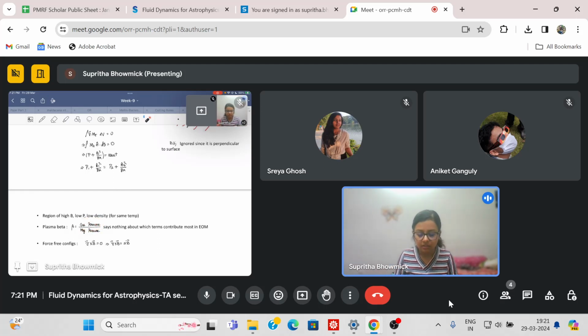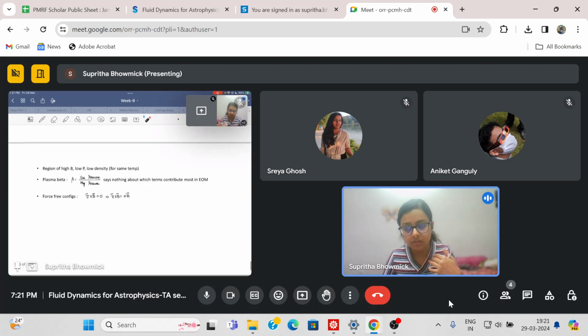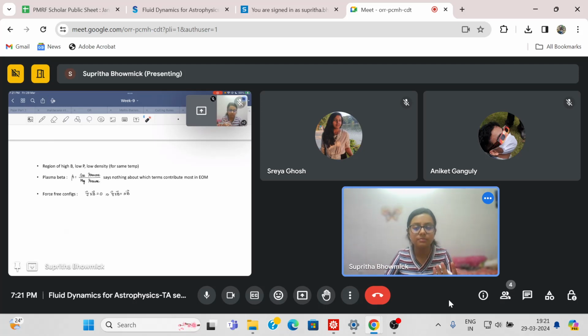All right. Also, terminology. You can be told about force-free configurations. In questions you can be asked what a force-free configuration is, or, given a force-free configuration, what statements hold true. Force-free configurations are just those in which the Lorentz force is 0. When can the Lorentz force be 0? When J cross B is 0, right?